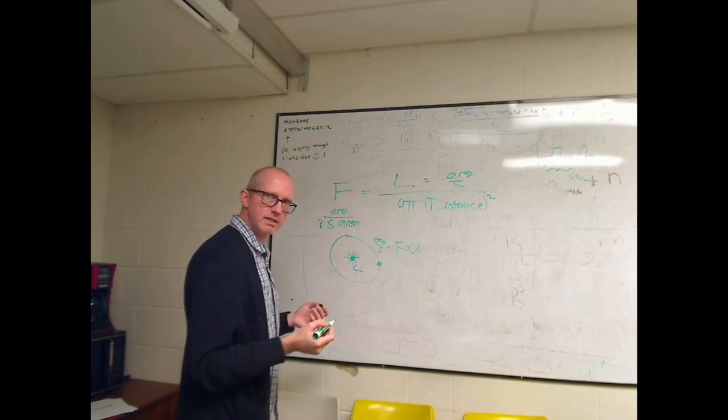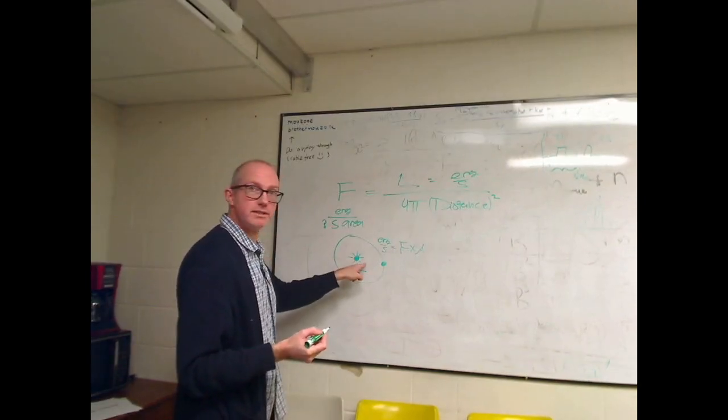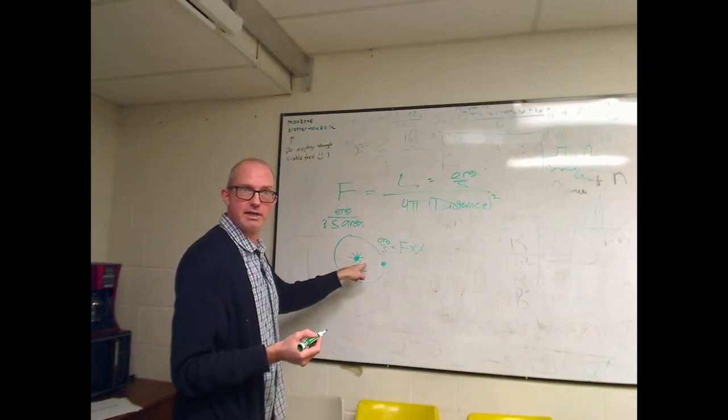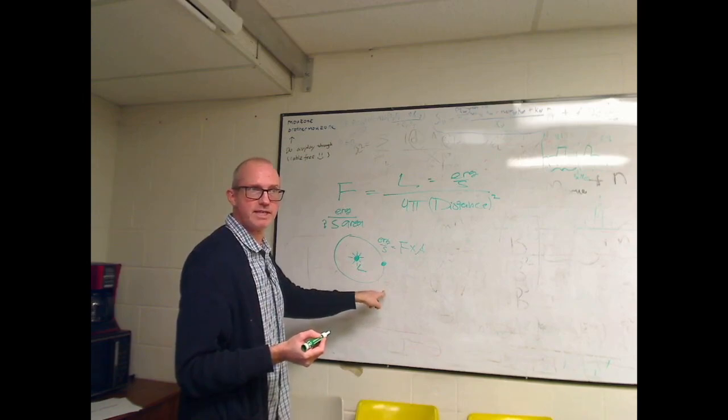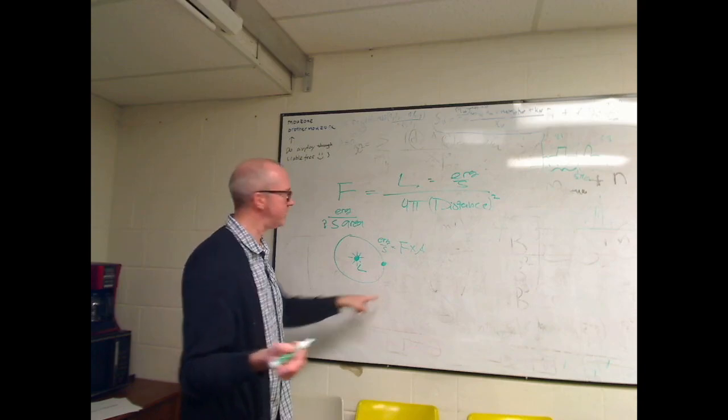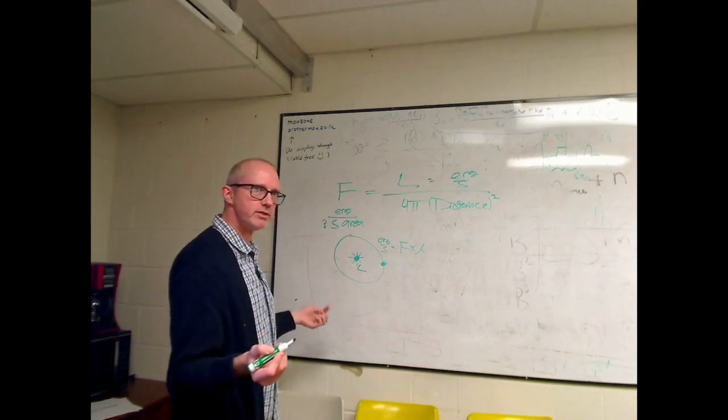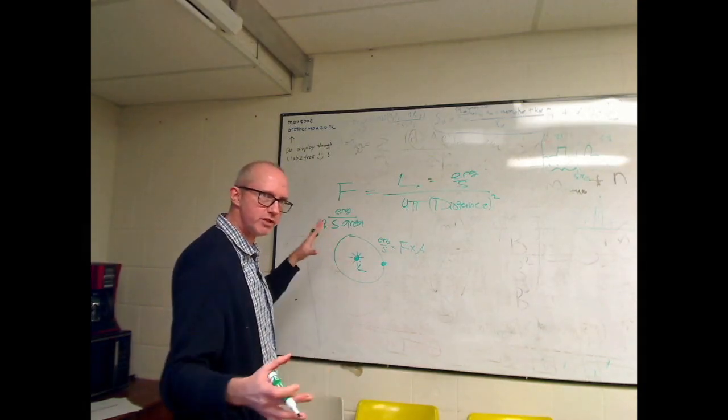Does that make sense? I've got 400 photons coming out of the star. I spread them out over this area. I've got 400 photons divided by my area. It's just a conservation law and geometrical dilution. So it's just geometry.